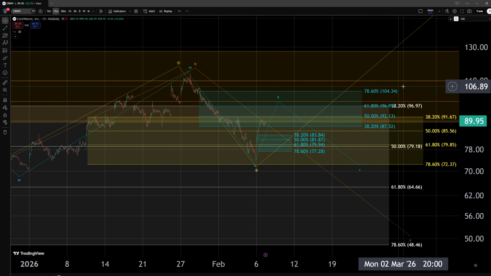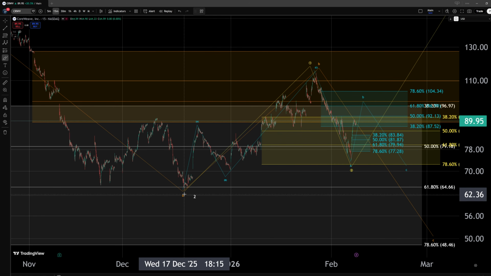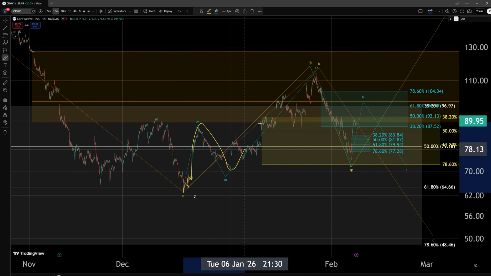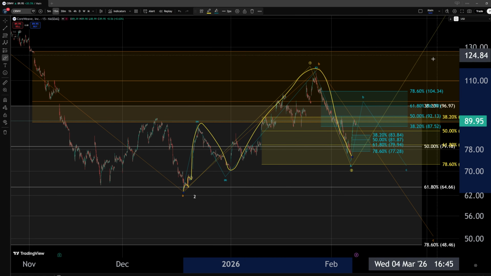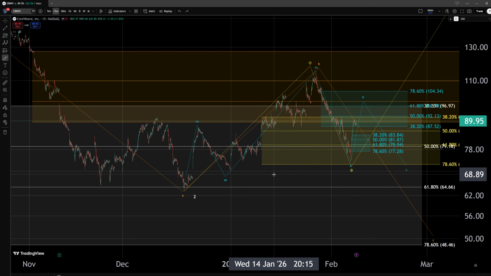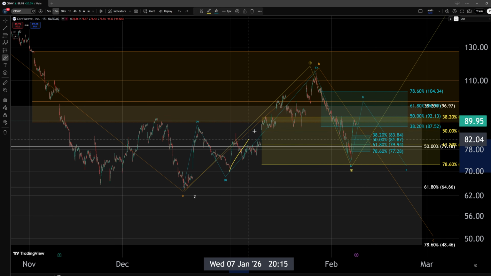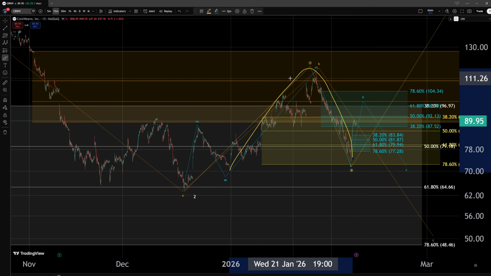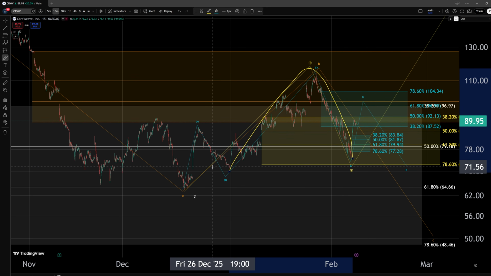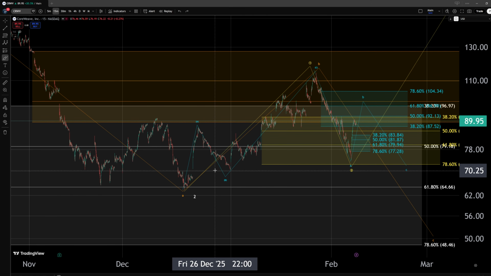Now, unfortunately, since we cannot reliably track in this area a series of 1-2 setups, I cannot be looking for an impulse to unfold. Even though, theoretically, for this idea of an internal 1-2 setup, we didn't necessarily completely invalidate it. We have broken the relevant levels of support.